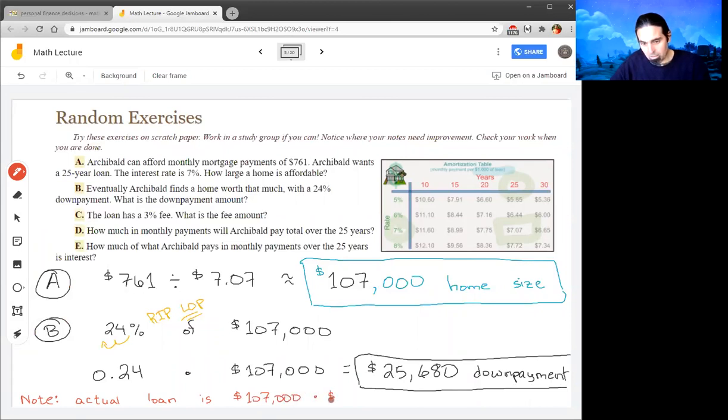Maybe if I put it in red at the bottom rather than buried in the middle of part C, that will be more understandable. That's not a multiply. So 81,320.